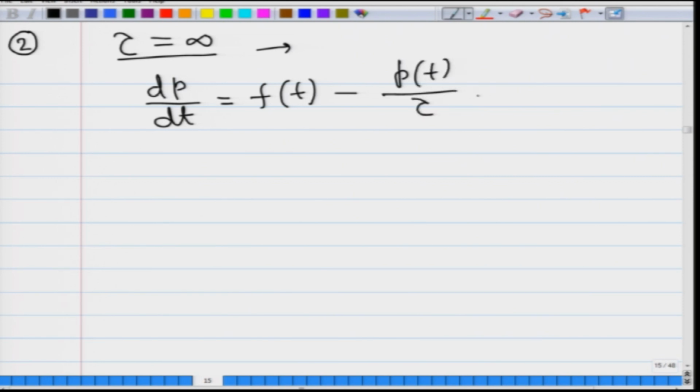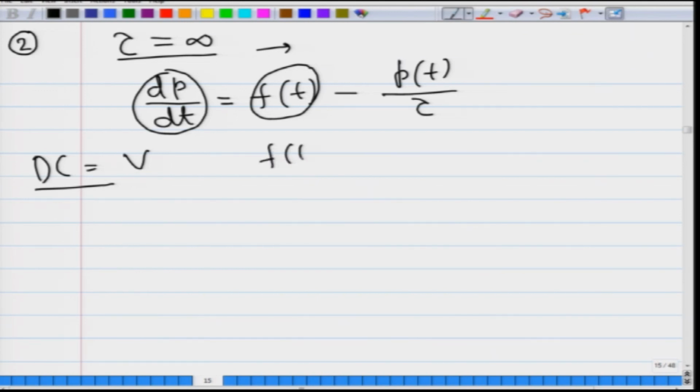This tau is due to scattering, dP dt is the rate of change of momentum, and Ft is the external force. Here, suppose we have a DC electric field V, so the force will be Q into V, where Q is the charge of the particle.